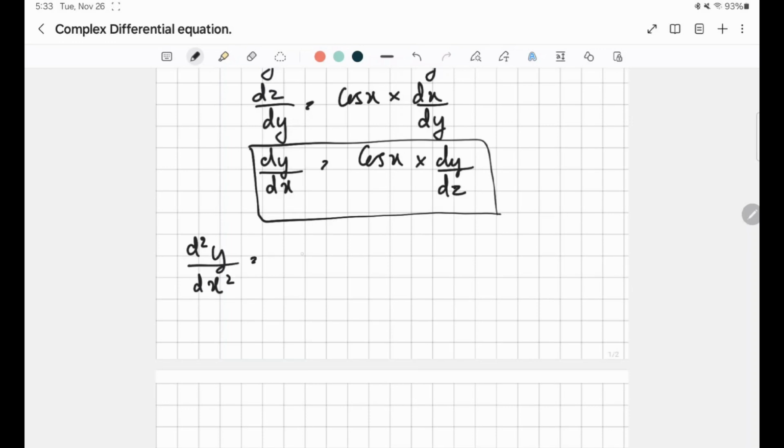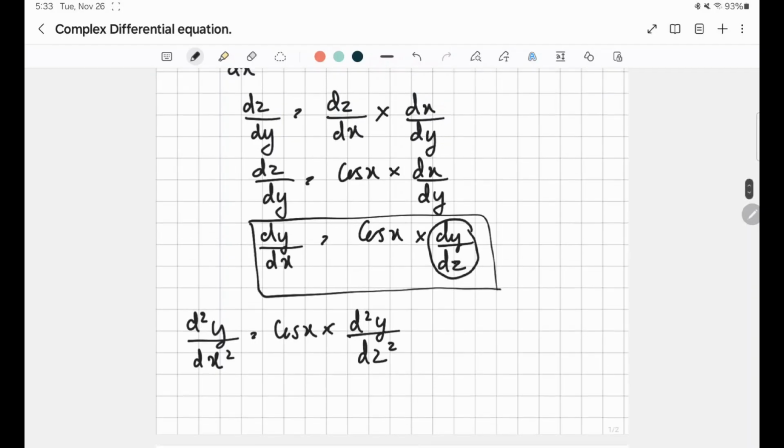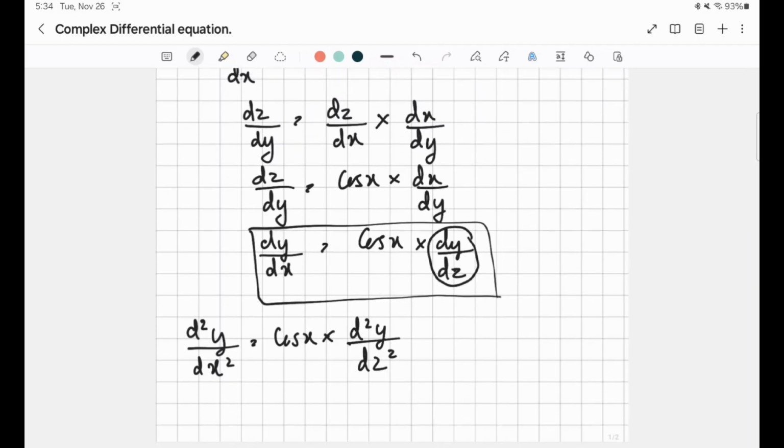The second derivative equals cos x times the derivative of dy over dz, and it's going to be this times dz over dx.